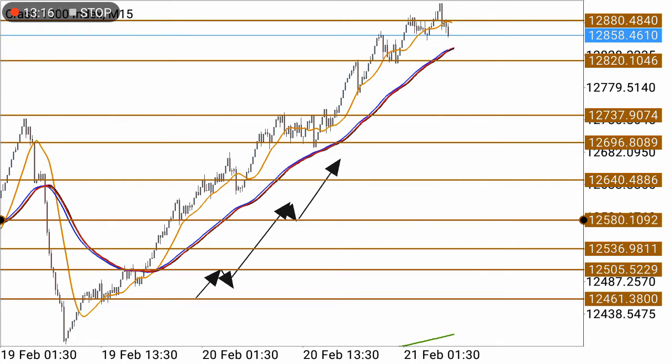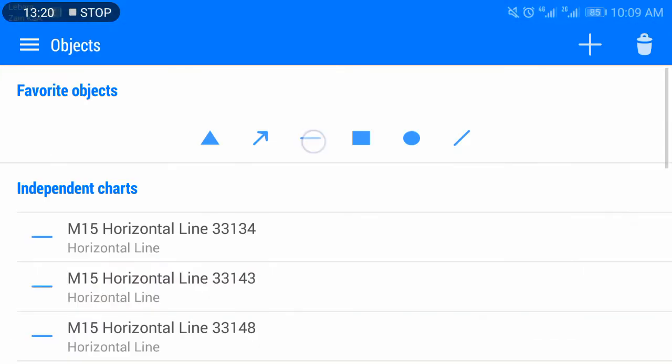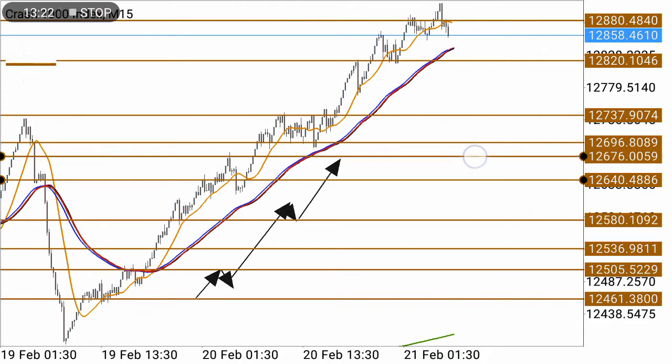Okay, and again the price stops a little bit here and retraces, the fake pullback of reversal candles, but these are fake reversal candles.